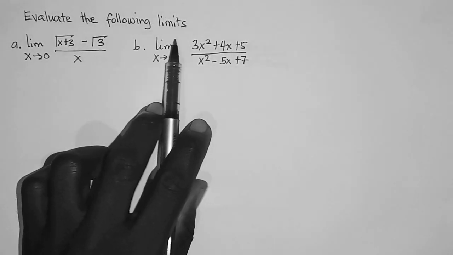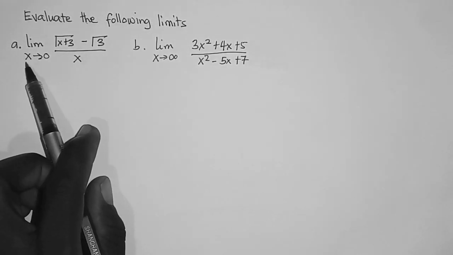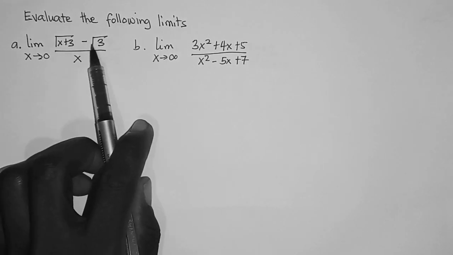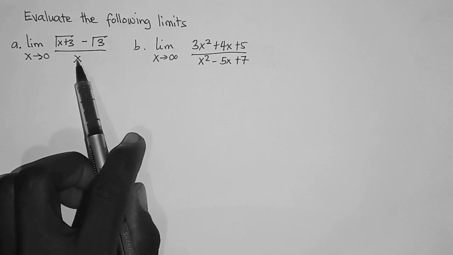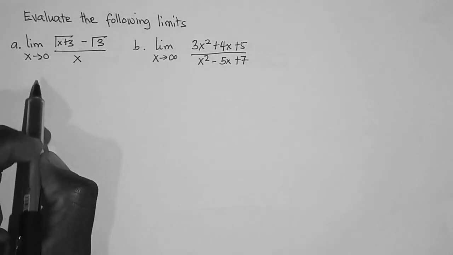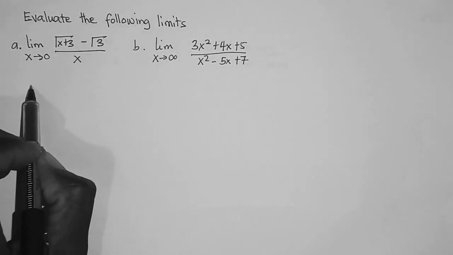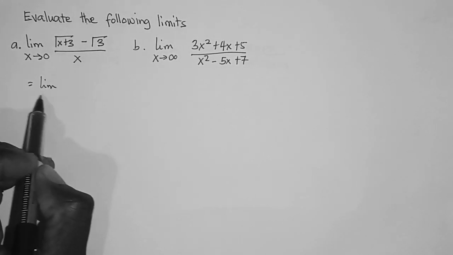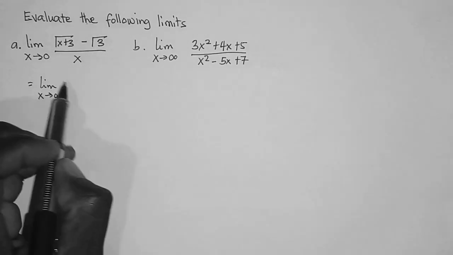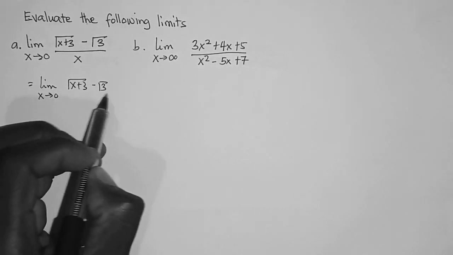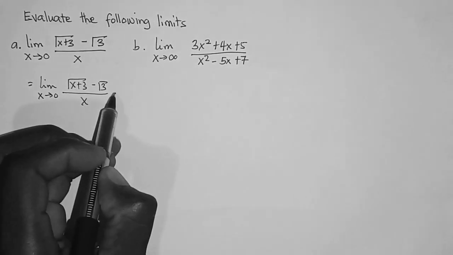Evaluate the following limit. A. Limit as x approaches 0 of root x plus 3 minus root 3 divided by x. So what we need to do is to rationalize in this case. So this is equal to the limit as x approaches 0 of root x plus 3 minus root 3 divided by x, then times.